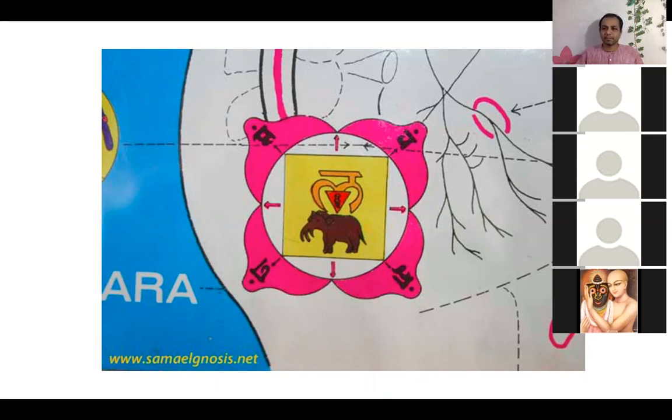So a yogi who wants to go higher, his lower abdomen has to be strong, his nerves have to be strong. And from there the energy flows throughout the body.